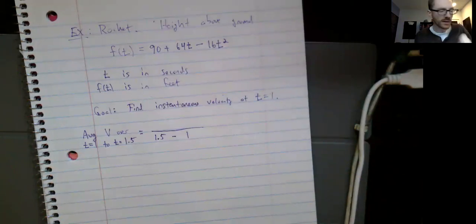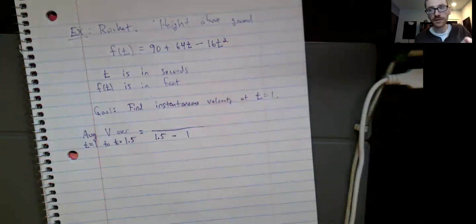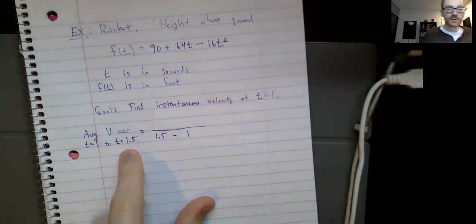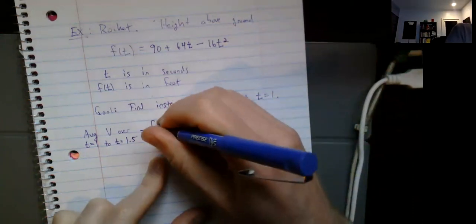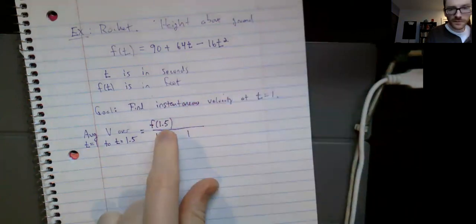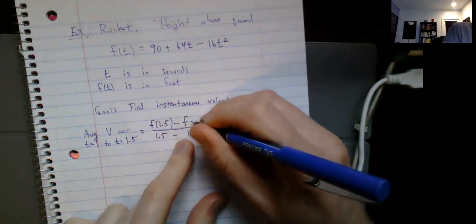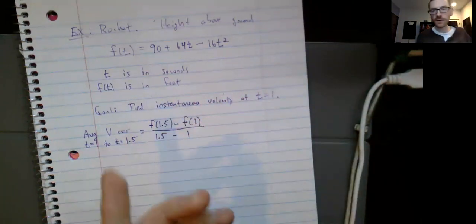But what about the distance traveled? How far did the rocket go during that time? Well, we have a function which describes the position at any moment in time. I hope you agree that the distance traveled by the rocket over this time interval is going to be the position of the rocket at the end of the trip, that is at 1.5 seconds, minus the position of the rocket at the beginning of the trip, namely at 1 second.